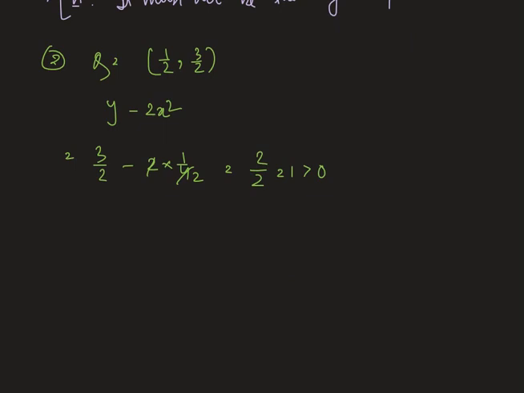So it satisfies the first equation. Now let's check for the second one. The second equation is x squared plus y squared, which should be less than 4. Therefore we get 1/4 plus 9/4, therefore 8 by 4, hence 2, and it is less than 4.